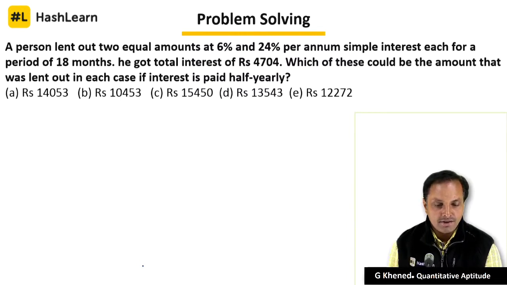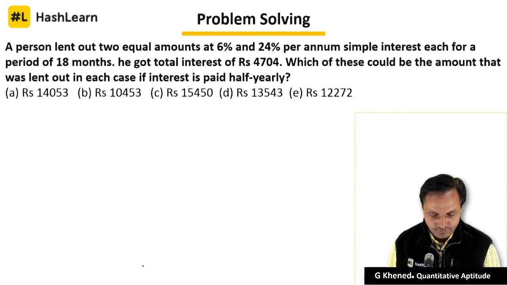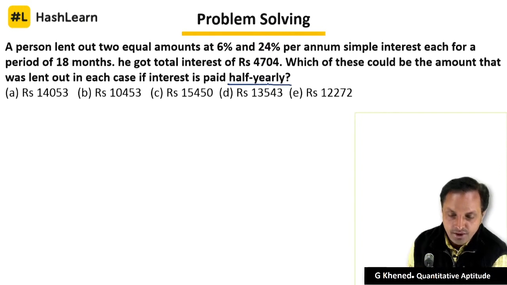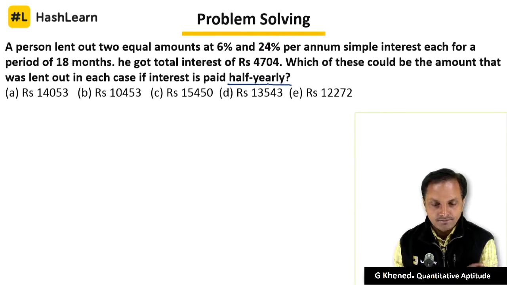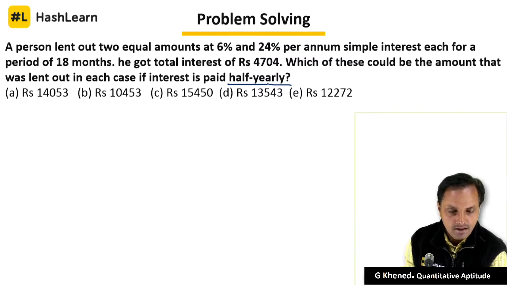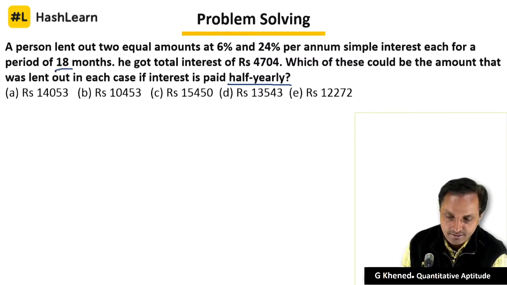He got total interest amount 4704. Which of these could be the amount that was lent out in each case if the interest is paid half yearly? So this is the one which you need to note. Half yearly for the period of 18 months.